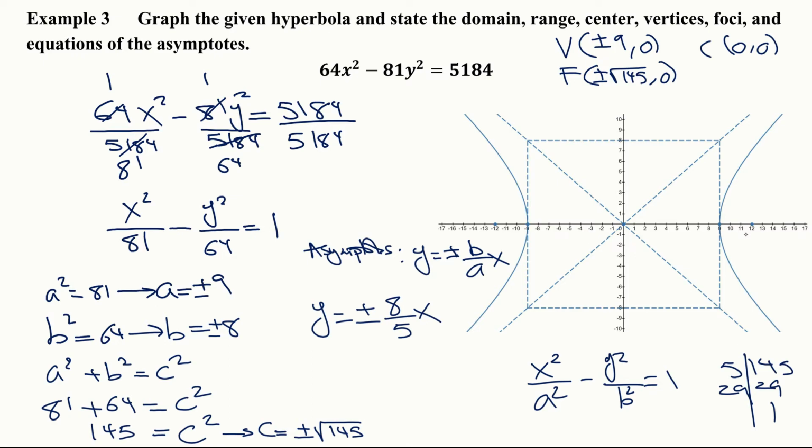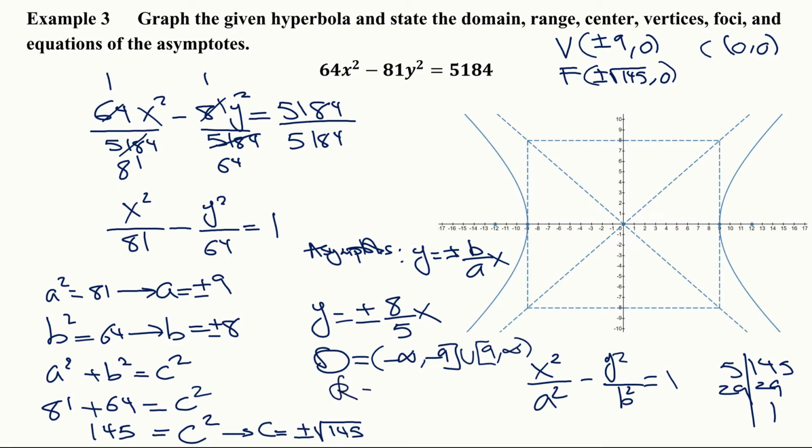What about the domain and the range? Domain, notice the x values in play to create this graph are going to be all x values from negative infinity up to negative 9, including negative 9, together with, so union, all x values starting at 9 and onward, okay?